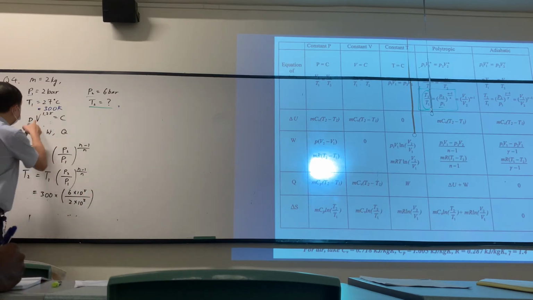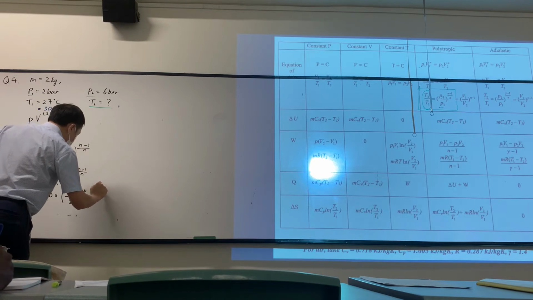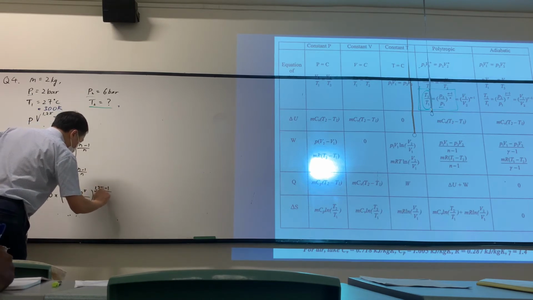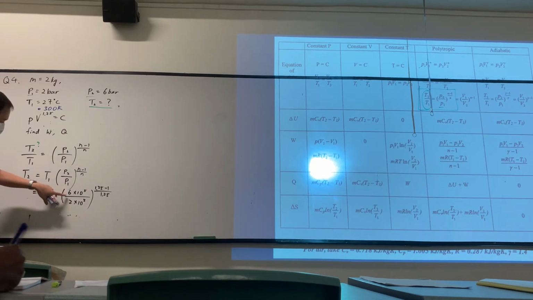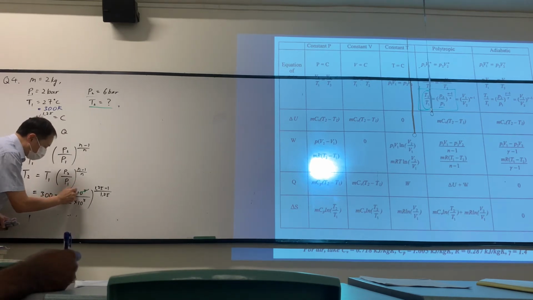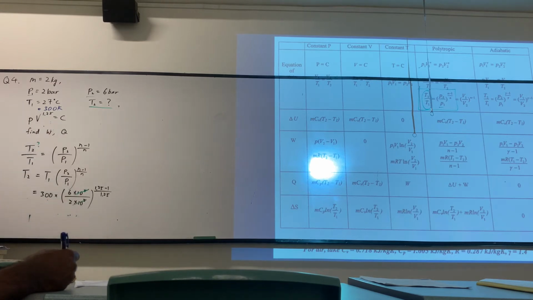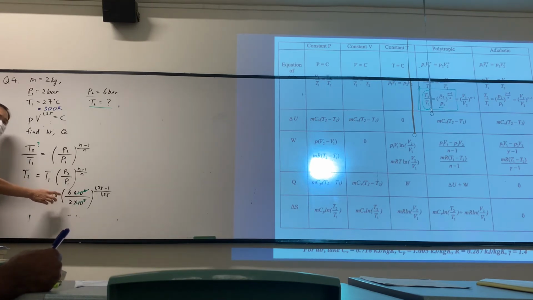Then the exponent is 1.25 minus 1 over 1.25. The 10 to the power 5 on top and below cancel away, so you end up the same. So if you leave it as bar, still okay.